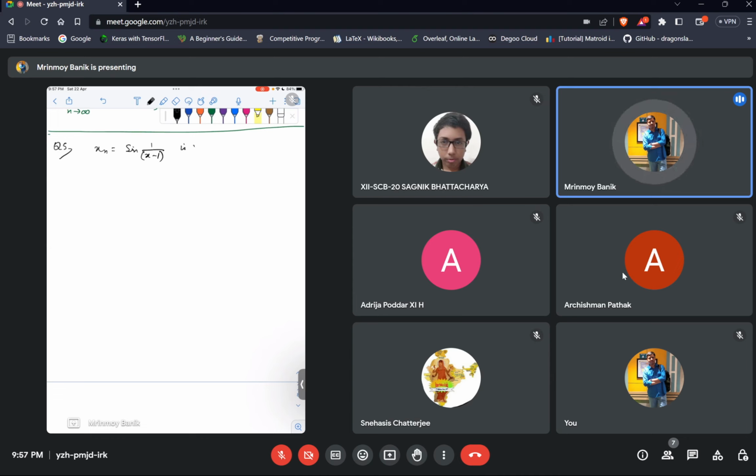So is xn convergent? I will give you a few minutes to think about it and draw a few graphs, see if you think it's convergent or divergent. Try to use the basic definition.